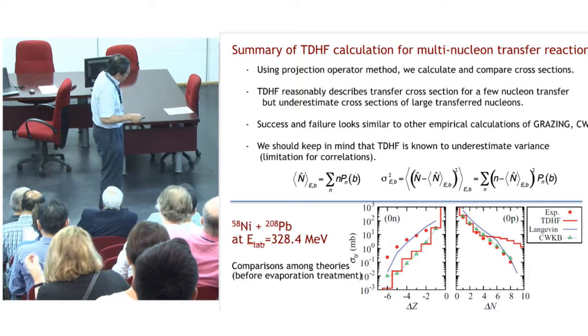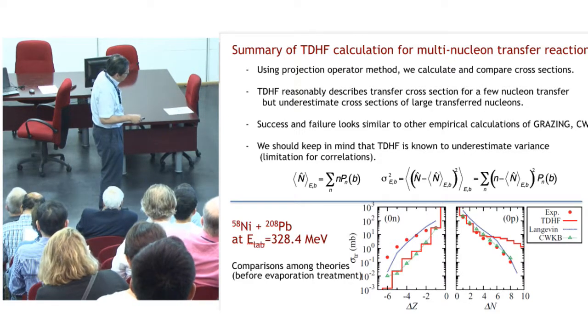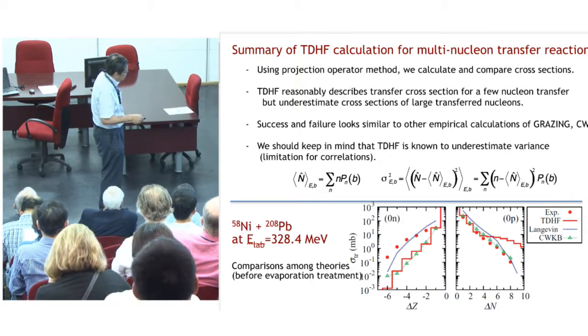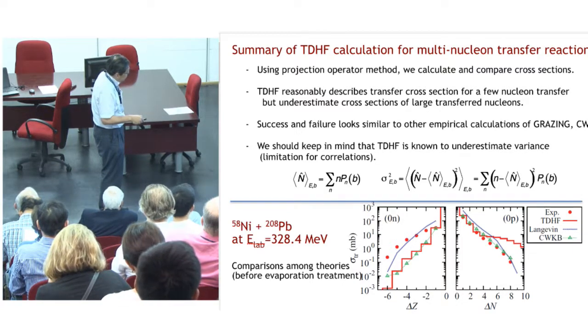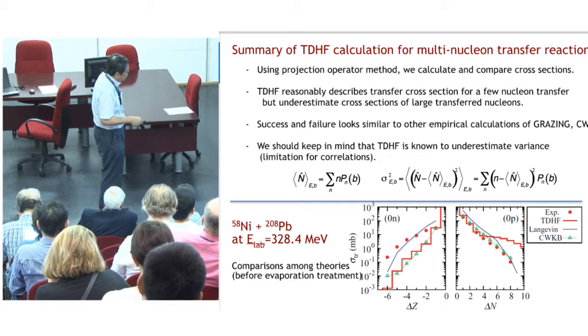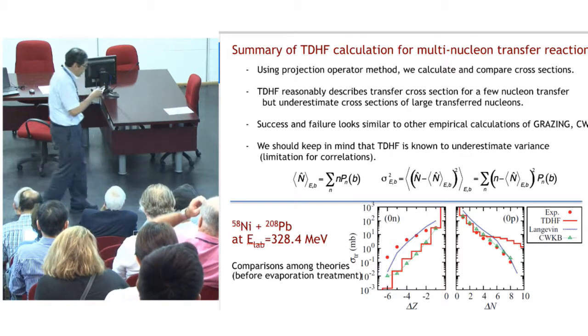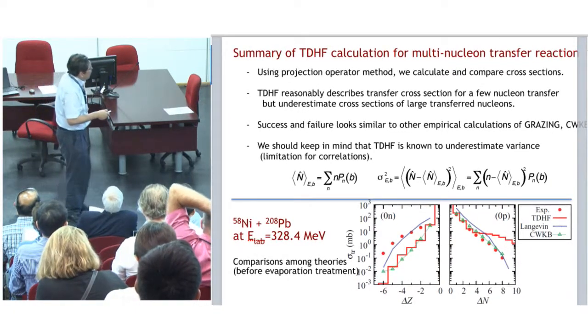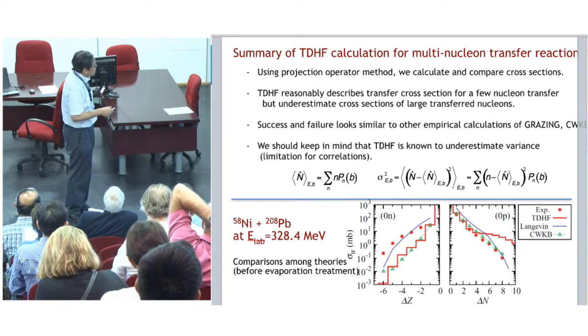The average number is given by this expression, but the variance is given by this one. The variance is underestimated in TDHF, and this, to some extent, explains the failure for many-nucleon transfer in the TDHF calculation.